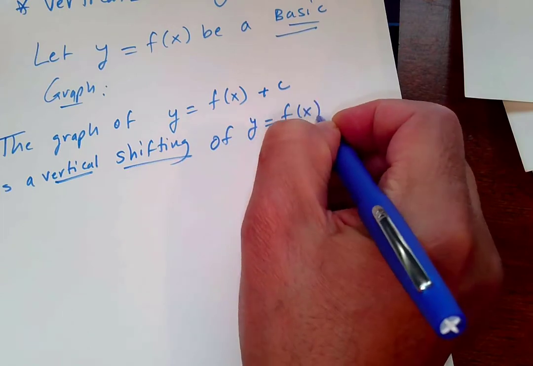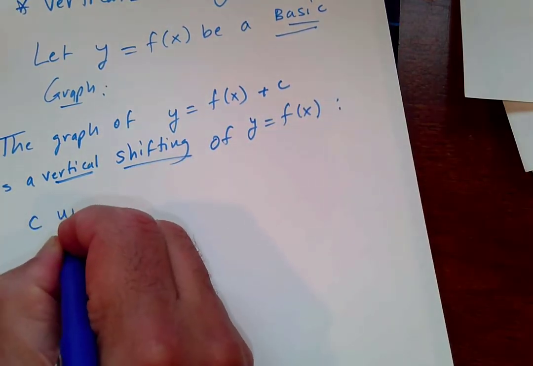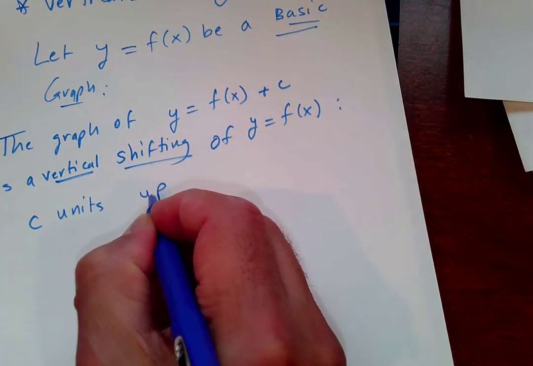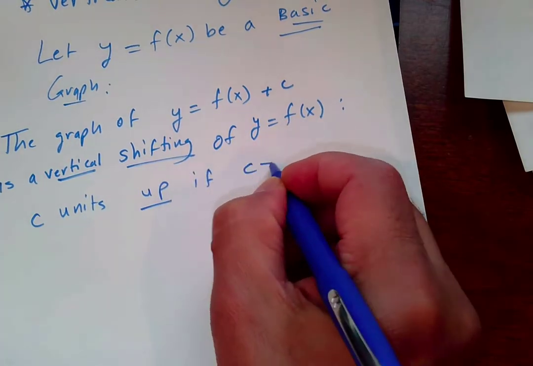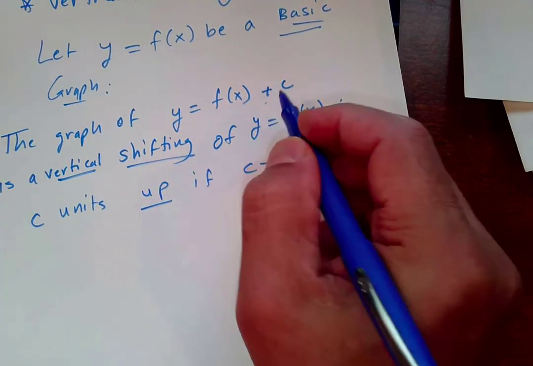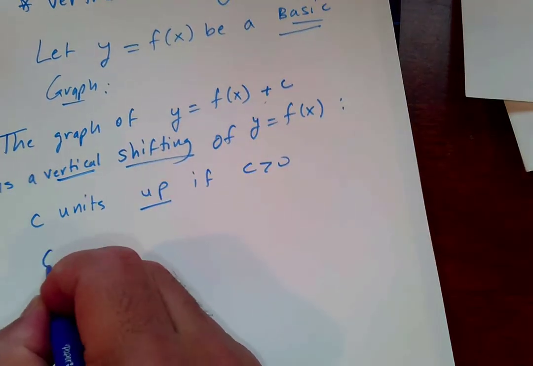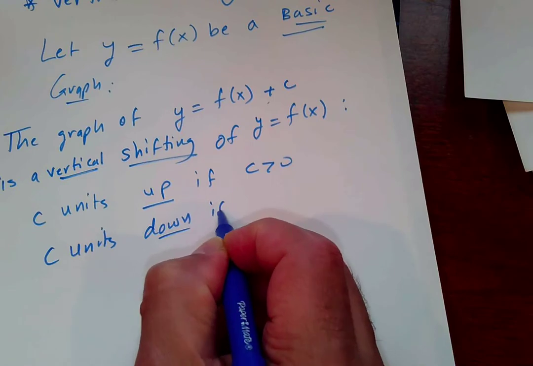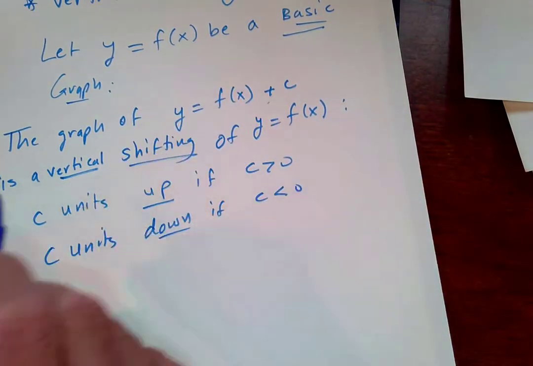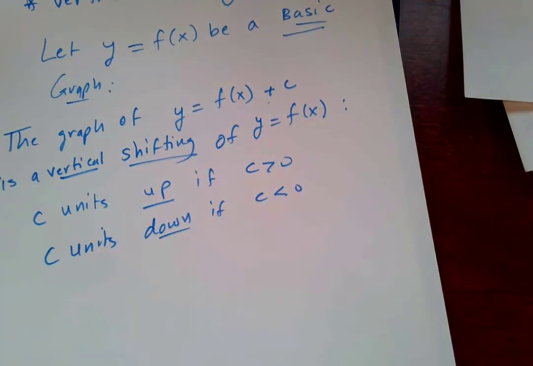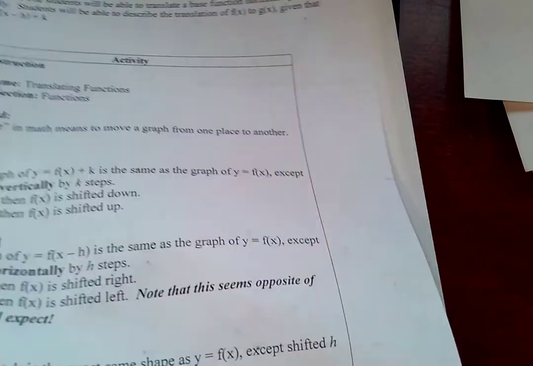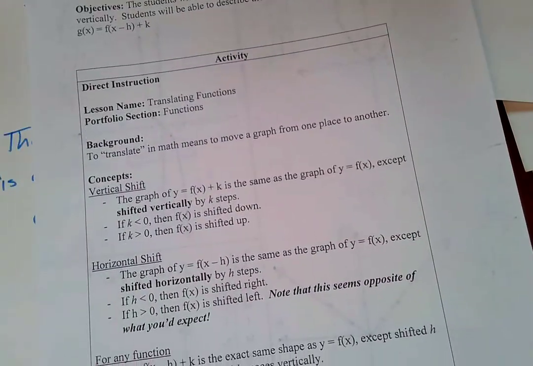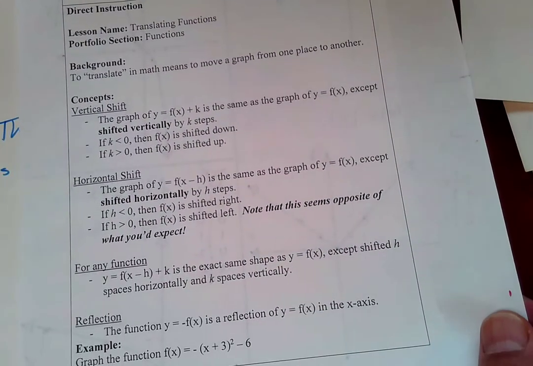It will be c units up if c is positive, so if it's +2 or +3, you go up 2 or up 3, and c units down if c is negative. All these notes are on a handout that I have for you. The handouts are on D2L. Under handouts, you will see all this. They're all in here.